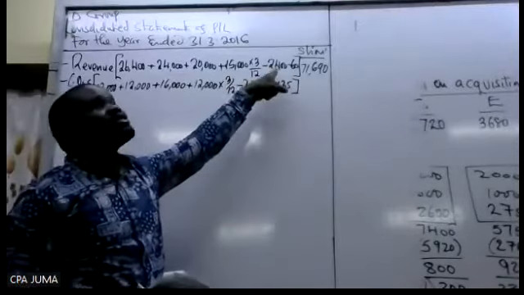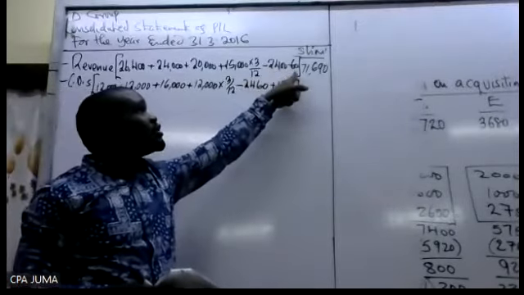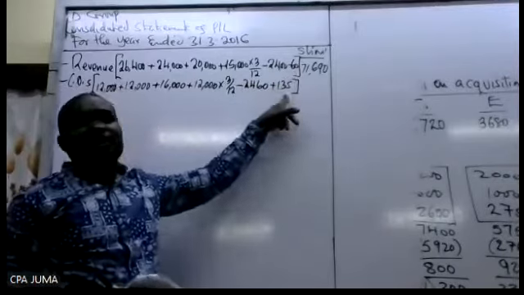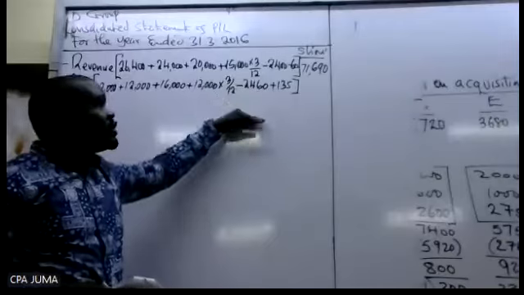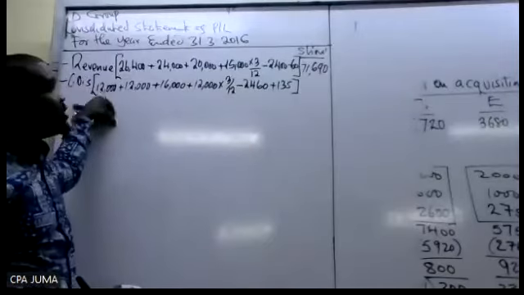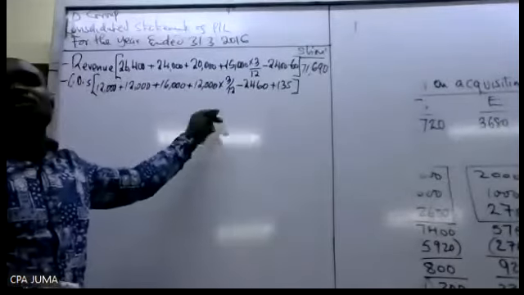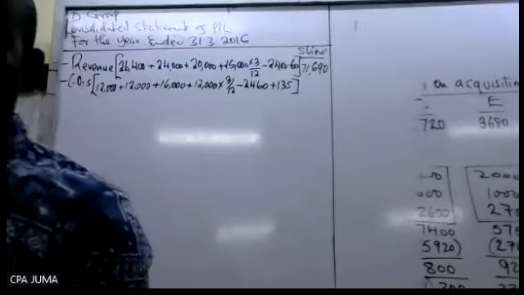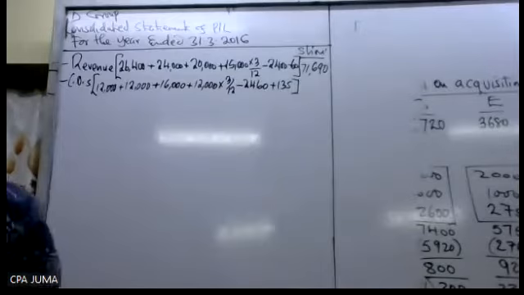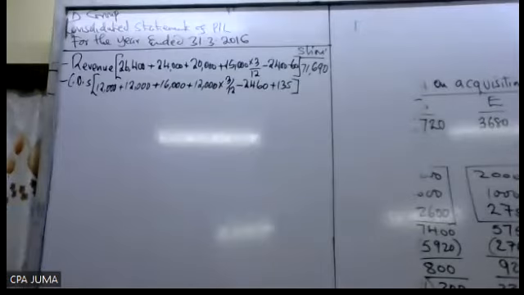Here there was unrealized profit of 120, this one was 15. We got 135. So when you add the unrealized profit to the cost of sales, you are reducing the profit. Then you check depreciation. There was no depreciation. So can you work out? How much is that?